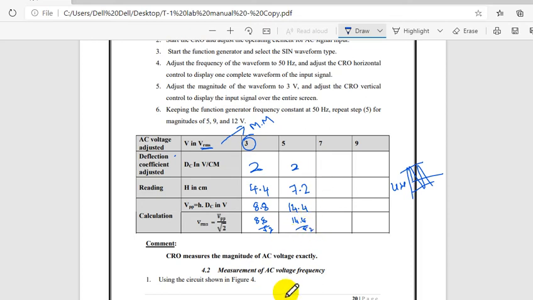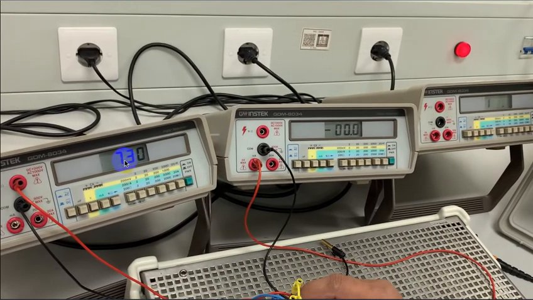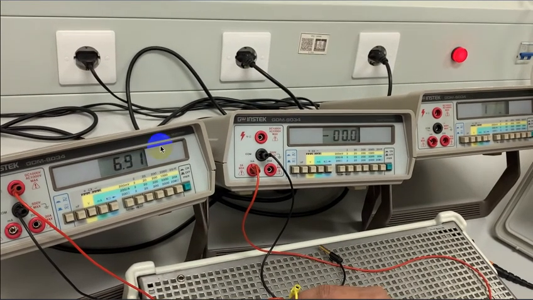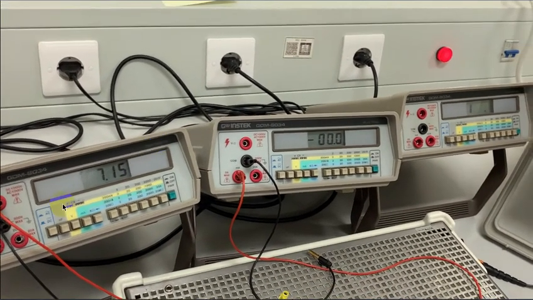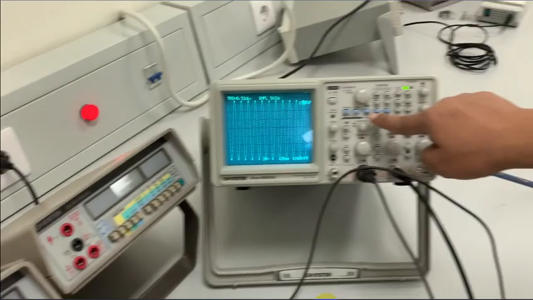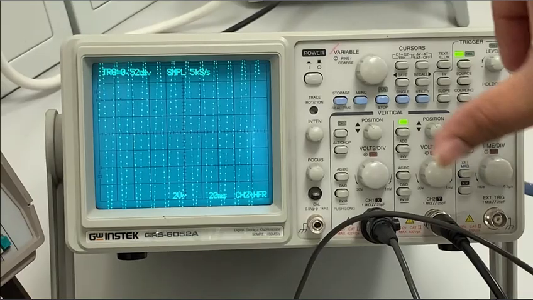Similarly we will do for the other values. Let's make the value 7 RMS. Let us go back to the CRO. Now unclick this run button, so it is stopped here. When I unclick it, it will start. Now you can see the waveform size is increased.